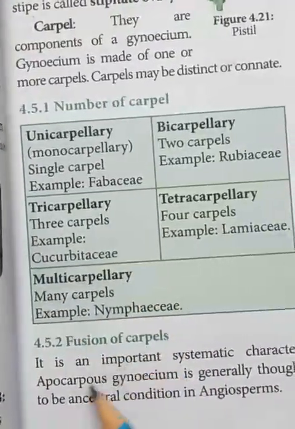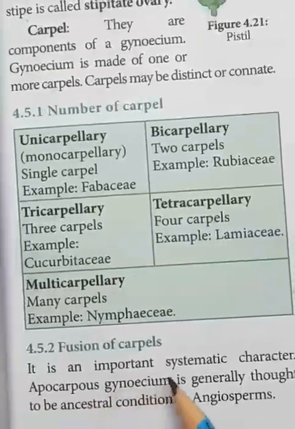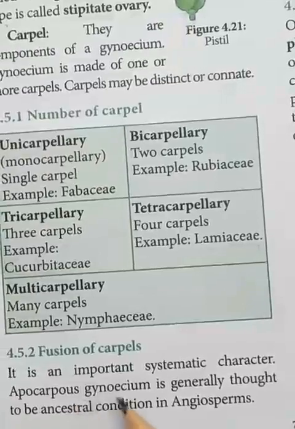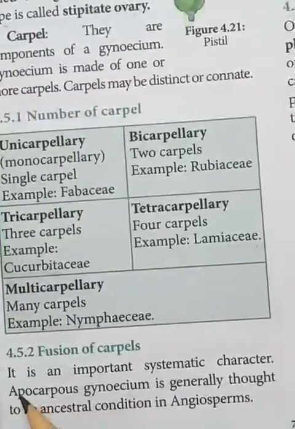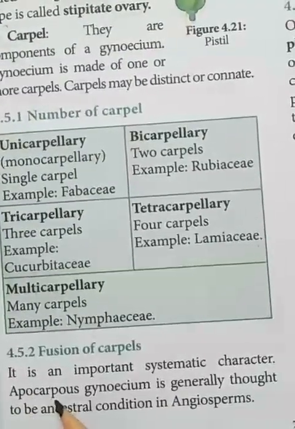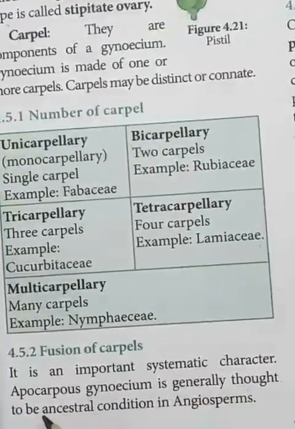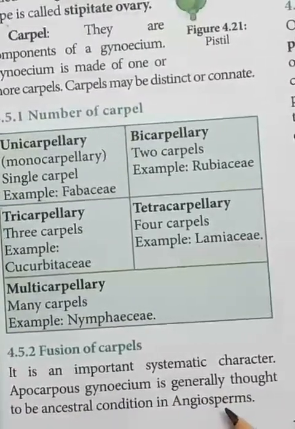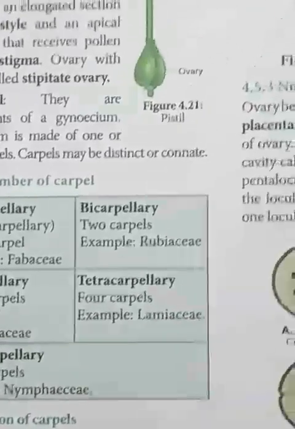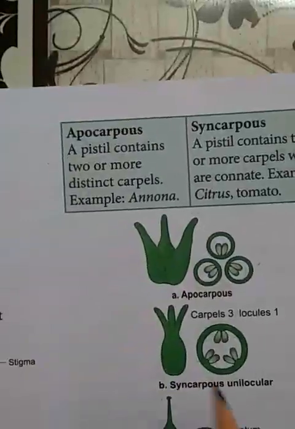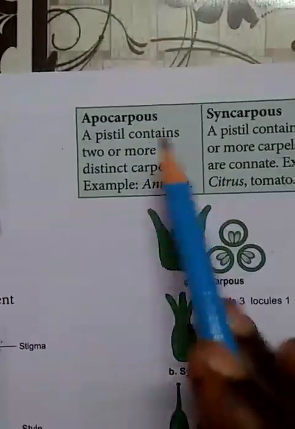Next, fusion of carpels. Now it is an important systematic character. Apocarpous gynoecium. Apocarpous means the carpels are free from each other. Apocarpous gynoecium is generally thought to be the ancestral condition in angiosperms. So as we have studied, these carpels may be either fused together or free from each other.